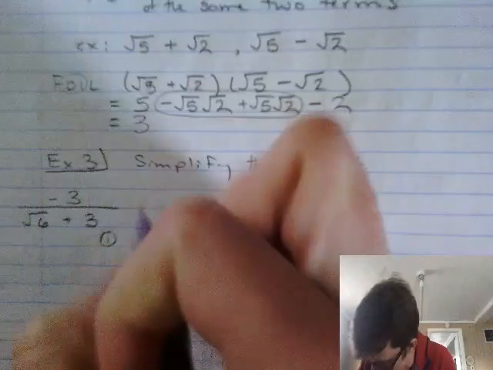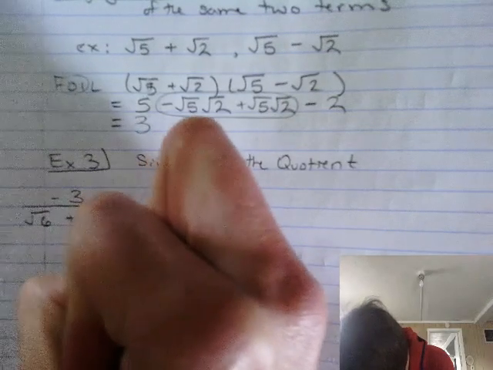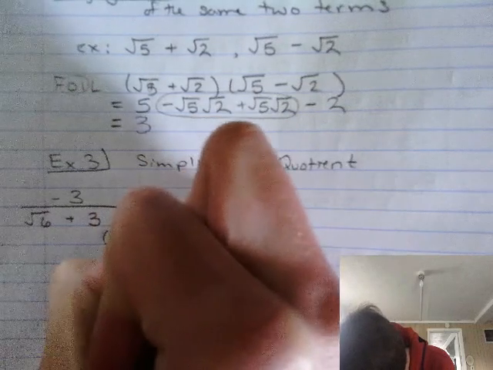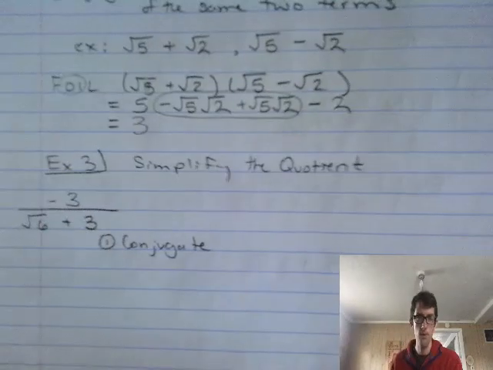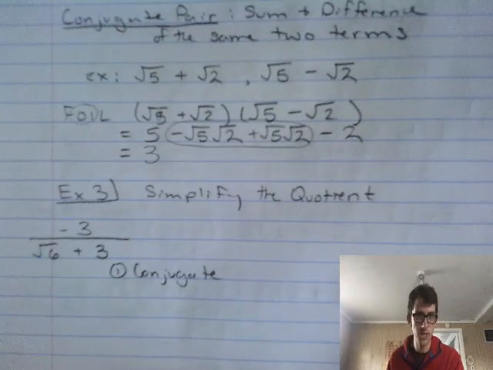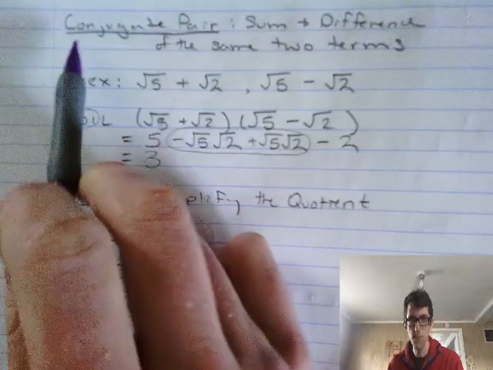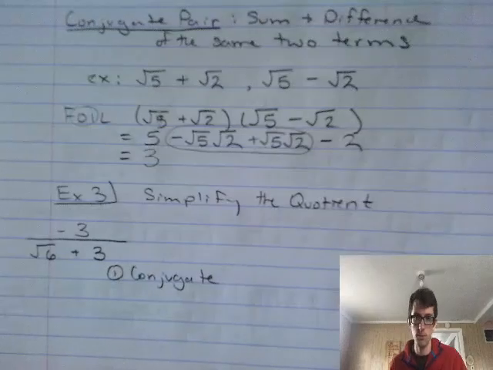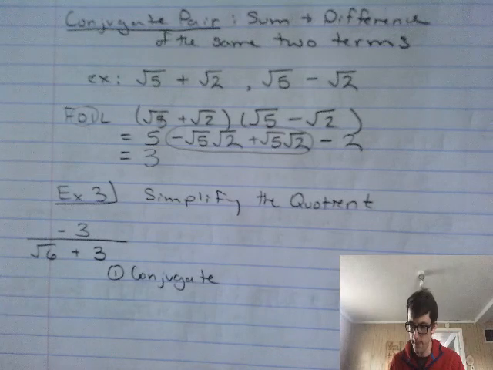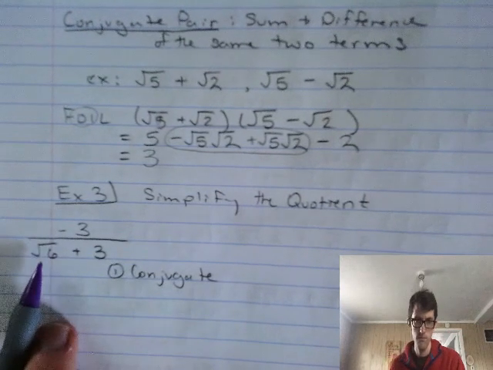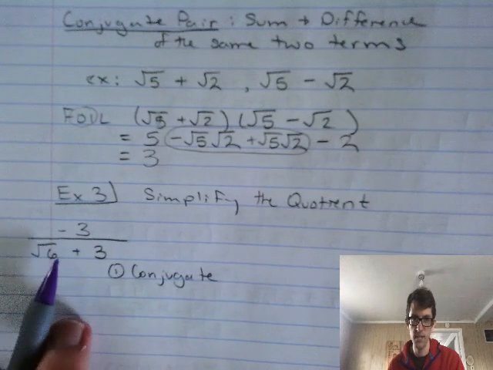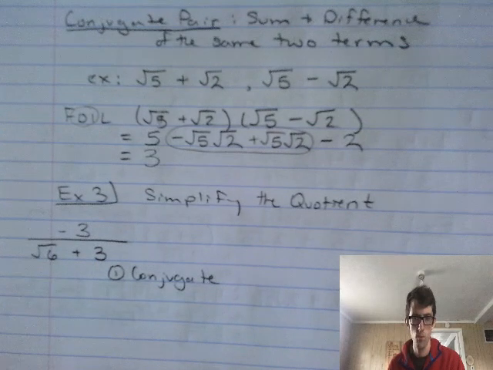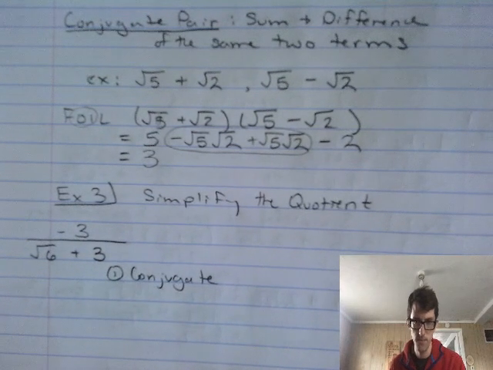Let's find the conjugate. Now, remember, we said that the conjugate pairs are the sum and difference of the same two terms. So, we have the square root of 6 plus 3.